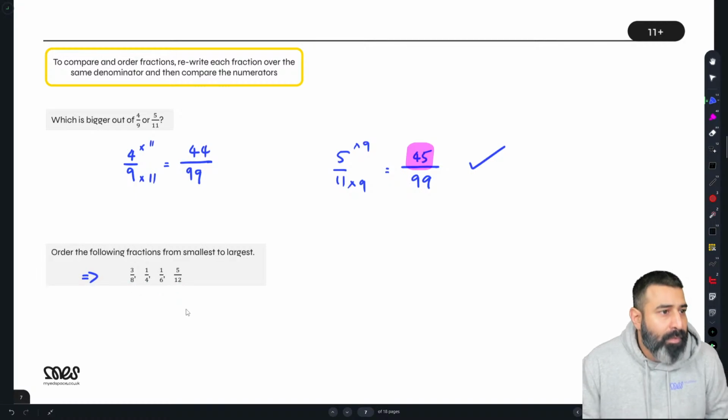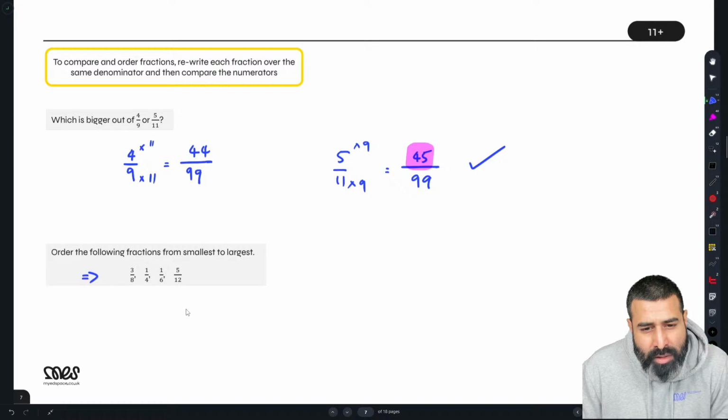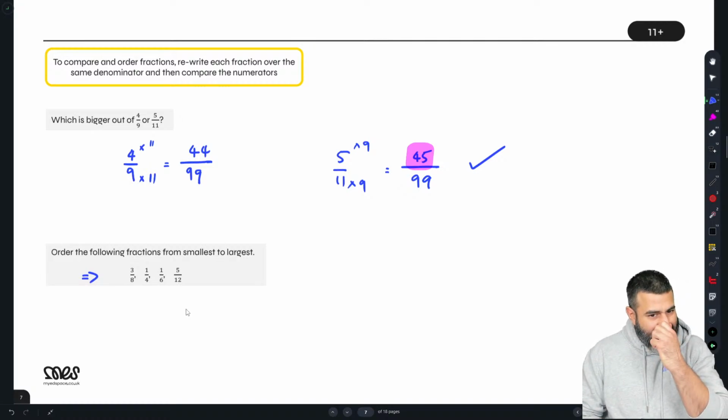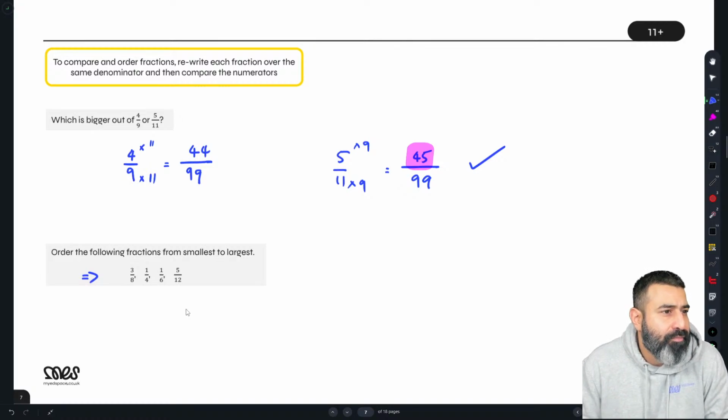Okay. Now, when we're looking at this, do we have a common multiple here? Yes or no? I think we do. Do we or don't we? Someone's saying 24.